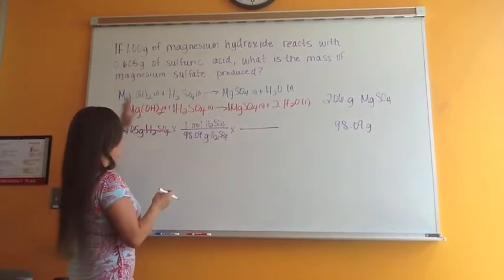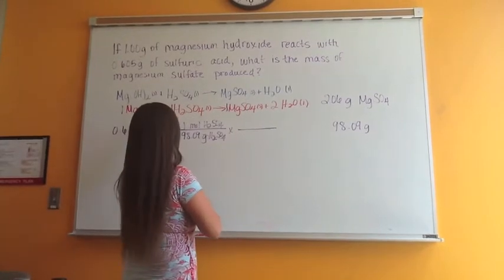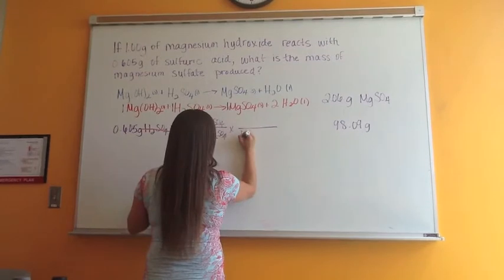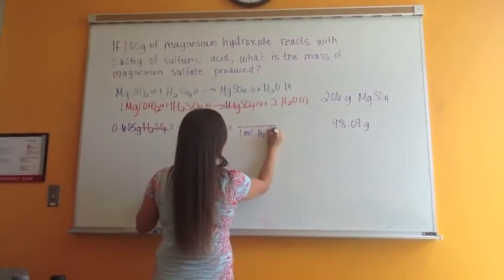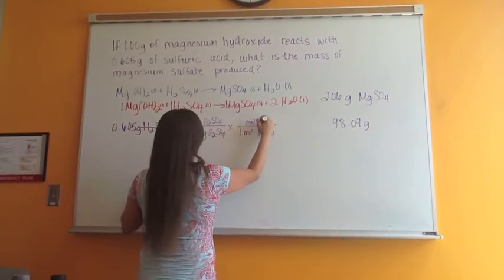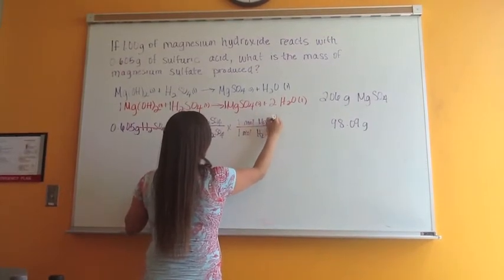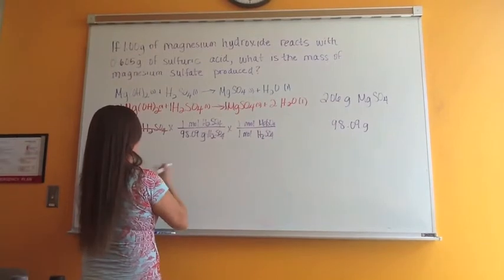Our next step is to convert mole to mole, because there's only 1 mole of sulfuric acid and only 1 mole of magnesium sulfate. So 1 mole, and then 1 mole. From this point we can get rid of this.